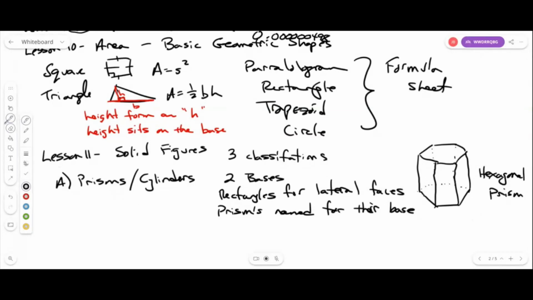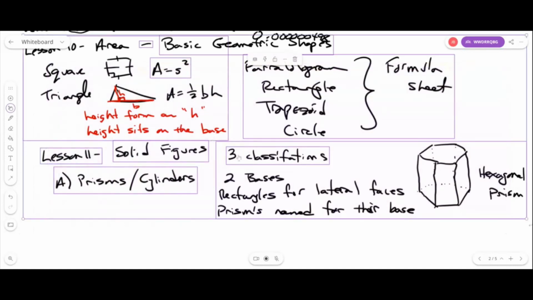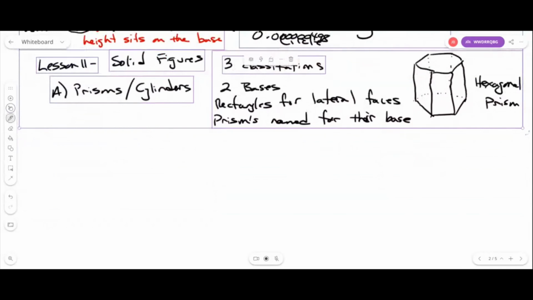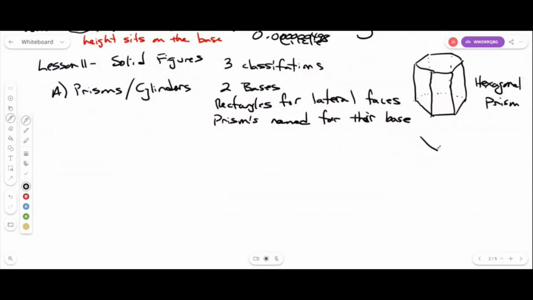Or you may have a triangular prism, where the triangles are the bases. And a cylinder was very similar to a prism, except for the base. The 2 bases are circles.